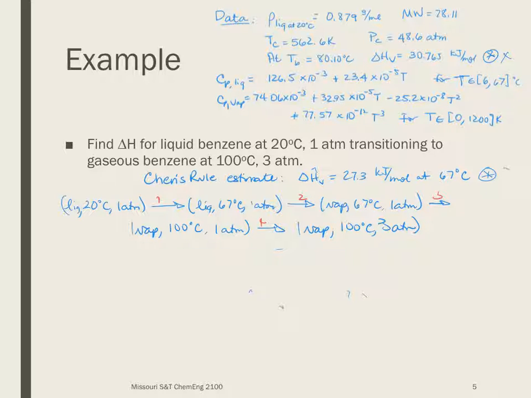Step 1 is going to change the temperature of the liquid. So delta H1 is going to be the integral from 20 to 67 degrees C of C sub P for the liquid, dT. And I'll have to integrate that.